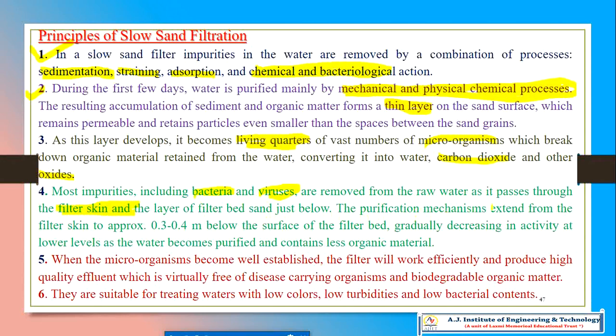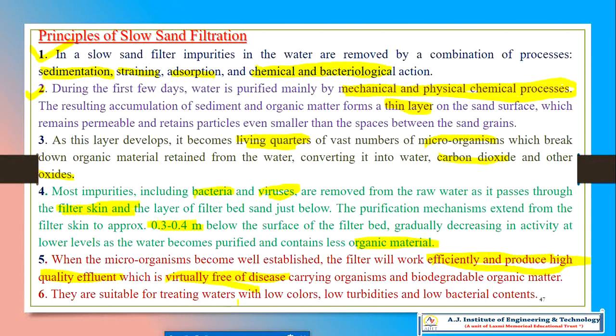The purification mechanism extends from the filter skin to approximately 0.3 to 0.4 meter below the surface. The filter bed gradually decreases in activity at lower levels. Once the microorganisms become well established, the filter works effectively, producing an effluent virtually free of disease-carrying organisms and biodegradable organic matter.